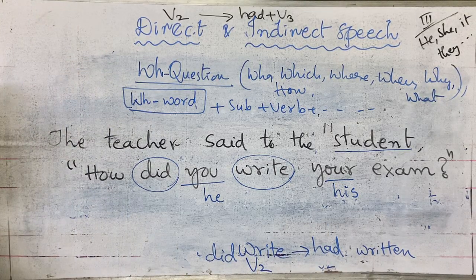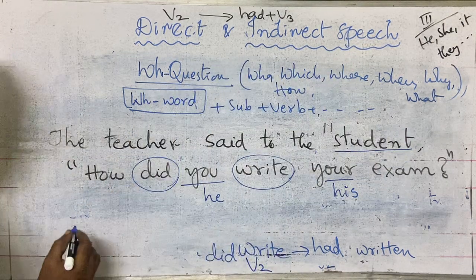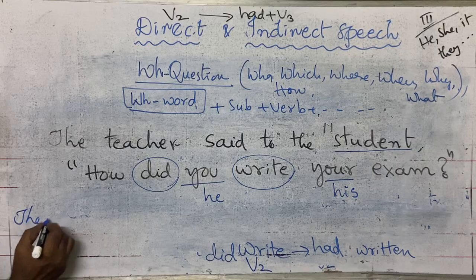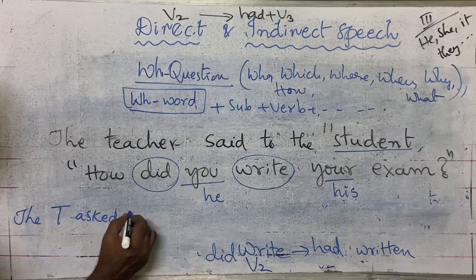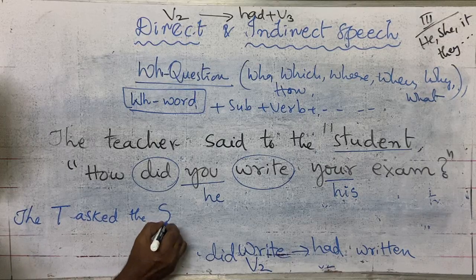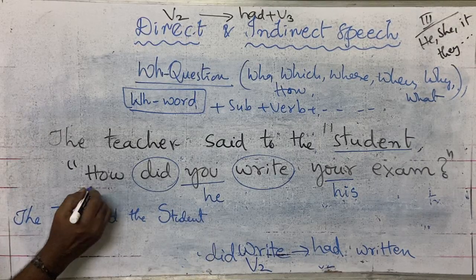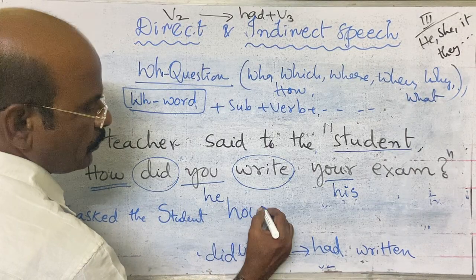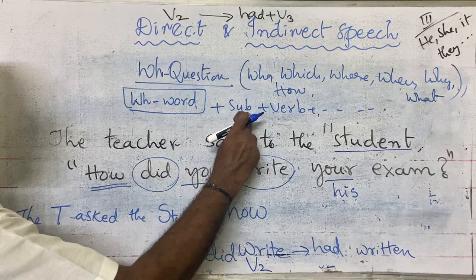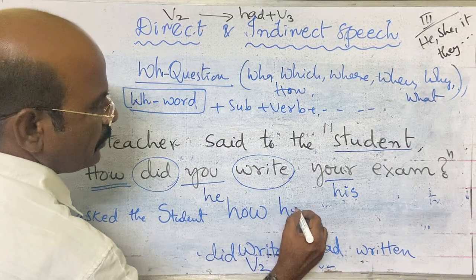Now we are going to write the answer. The teacher asked the student. What is the conjunction? How. After that, what is the subject? He, she, we take.